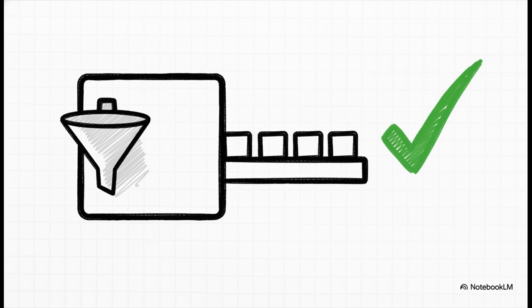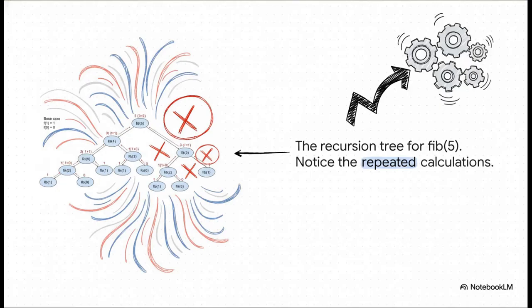So, what's the problem? To see it, we have to look under the hood. And this is where the story takes a sharp turn. This diagram is called a recursion tree, and it shows every single function call that happens just to calculate fib 5. Now, look closely. To get fib 5, we need fib 4 and fib 3. But wait, see fib 3? It gets calculated over here, and then again over here, from scratch.